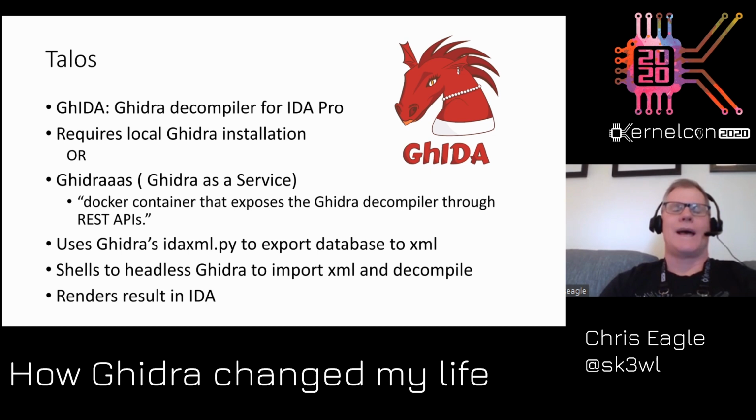And once that is complete, then the Talos tool can again use headless mode to request decompilations of individual functions within the Ghidra project. So the decompilation is then taken back into the IDA integration, the plugin side of the Talos tool, and rendered in an IDA text window that looks much like the standard Hex-Rays decompiler.